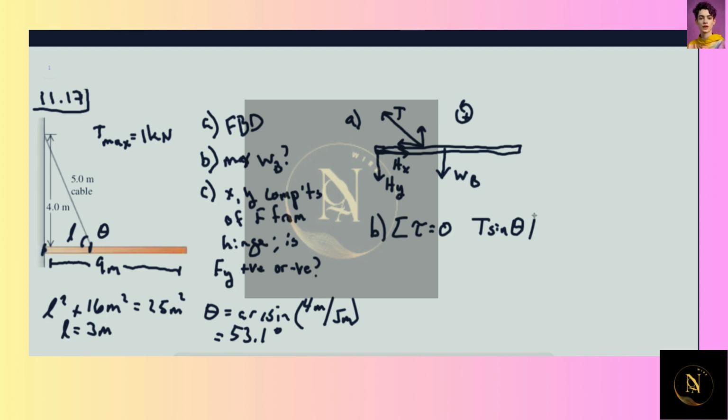This will be times our L, which is 3 meters, minus the weight of the beam, times our 4.5 meters, if we call the entire length of this big L, L over 2, equals 0. And we don't have any forces from the hinge because we're using this as the axis about which we're computing the torques.